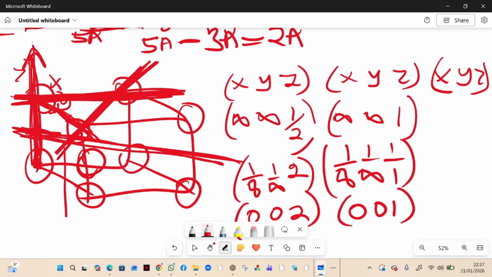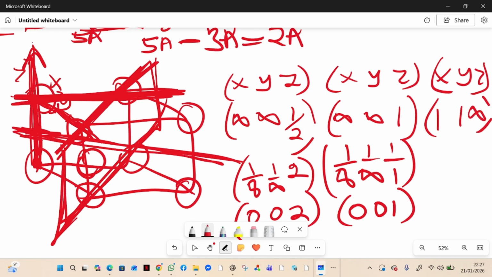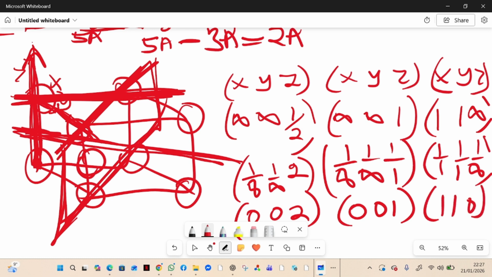So the plane here intercepts x and y, but does not touch the z axis. So x is going to be 1, y is going to be 1, and this will be infinity. And 1 over 1, 1 over 1, 1 over infinity. So this will give you the 1, 1, 0 plane. And you can keep going on and on.